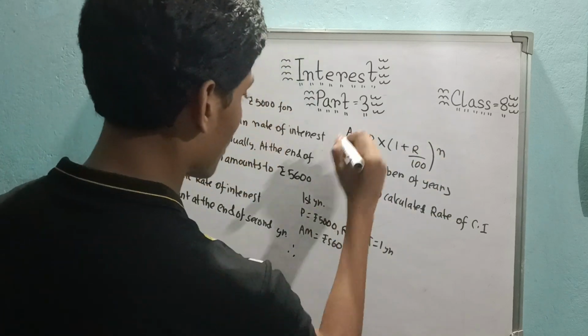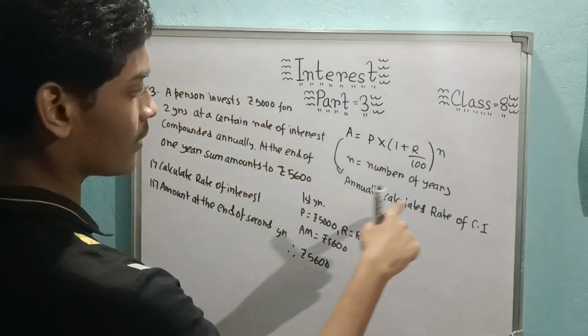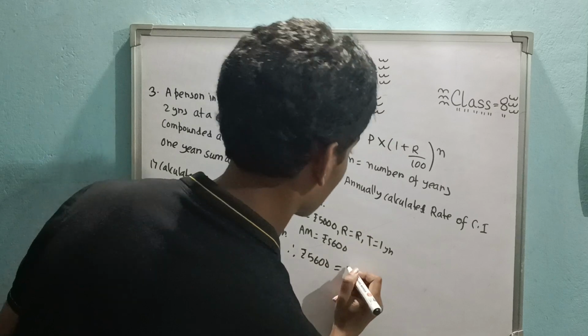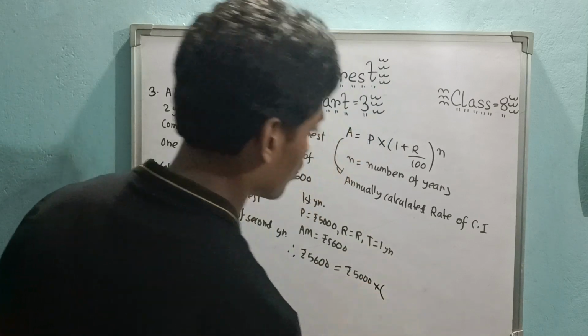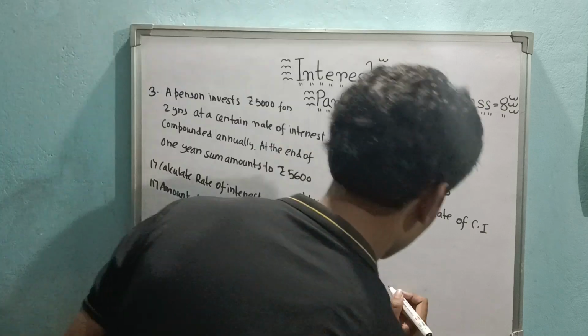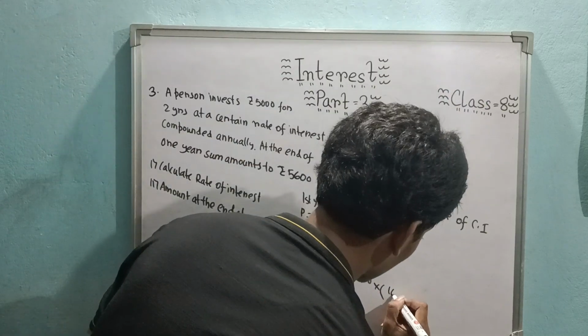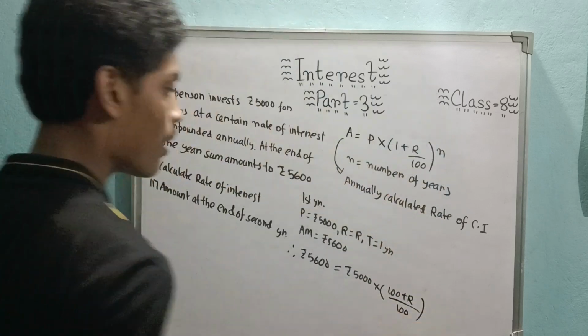Therefore, amount, which is 5,600, and see this is compounded annually, so we can use the formula. Equal to principal 5,000 into 1 plus r by 100, that is 100 plus r by 100 to the power n.